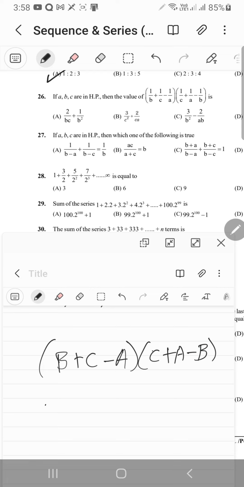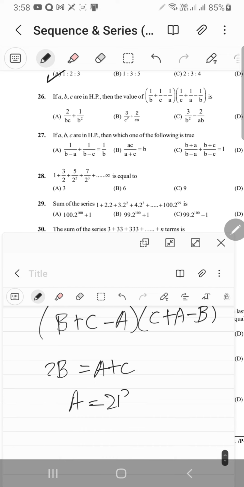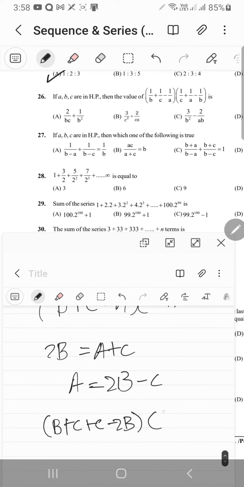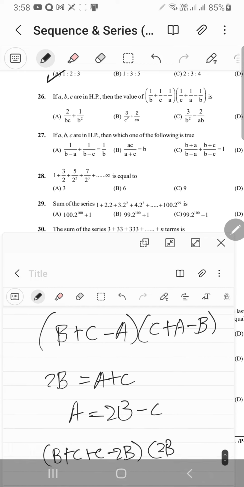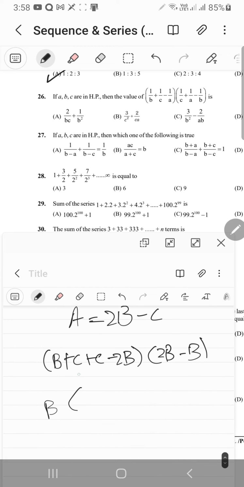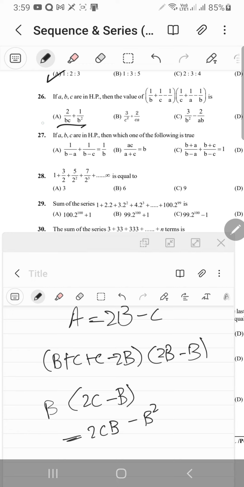You know that 2B equals A plus C, so you can write A as 2B minus C. Putting that over there, we get B plus C minus 2B, and this thing is 2B because A plus C is 2B, minus B. So it's B into 2C minus B, so it's 2CB minus B squared, which means this is just incorrect.